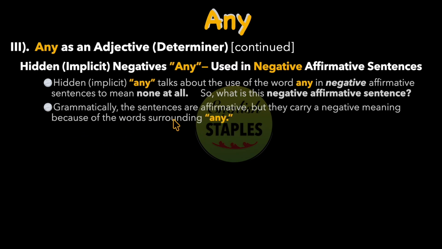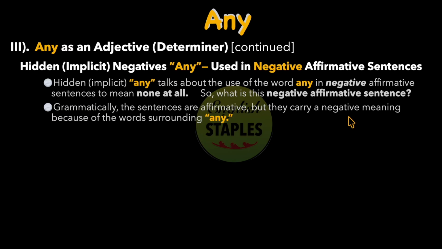Grammatically, the sentences are affirmative, but they carry a negative meaning because of the words surrounding any. Before, we had positive affirmative sentences, which were open, free choice, and the sentences were affirmative.